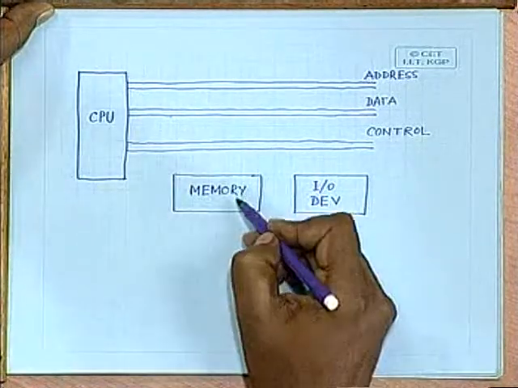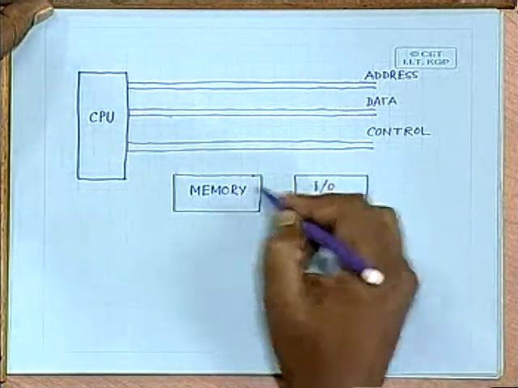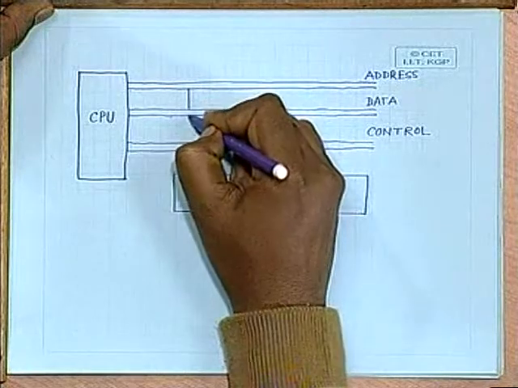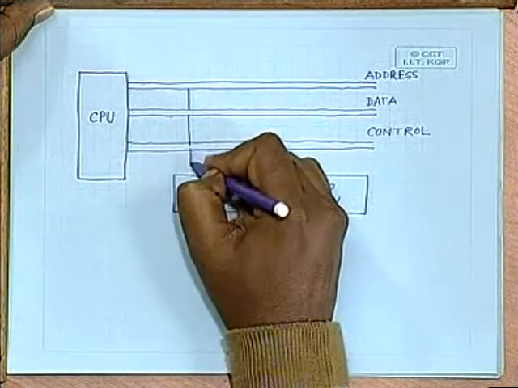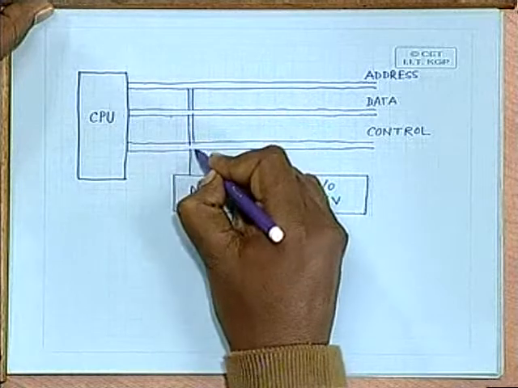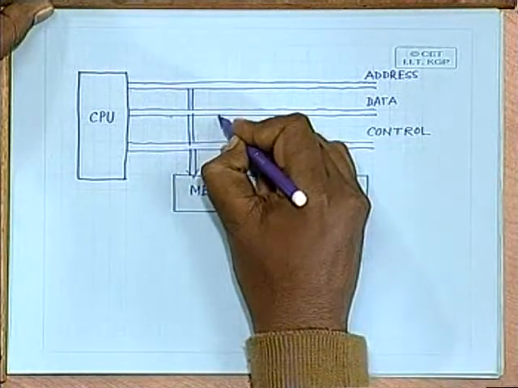And for interfacing this memory block and the input output device to the CPU, we have to make use of these address lines. We have to make use of these data lines.